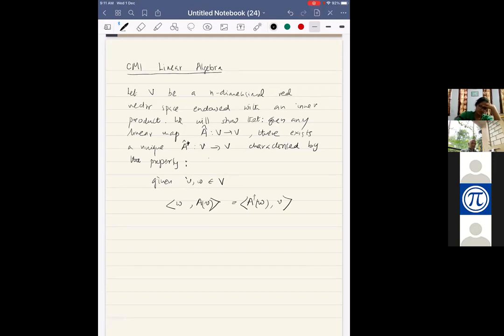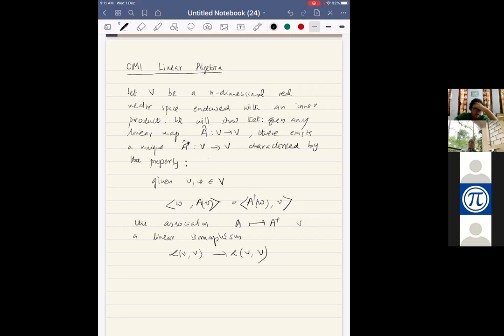And the association A hat going to A hat dagger is a linear isomorphism from L(V,V) to L(V,V).